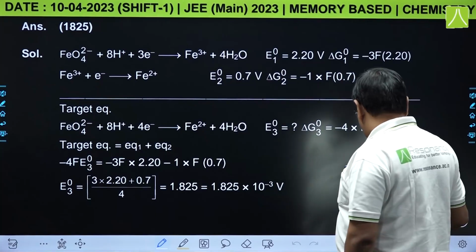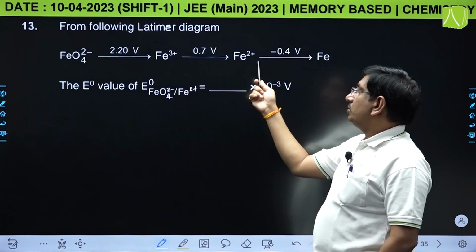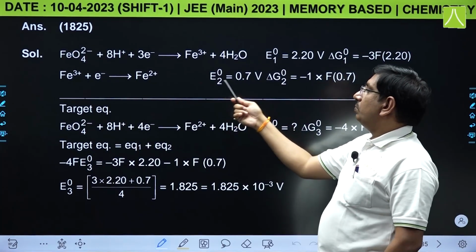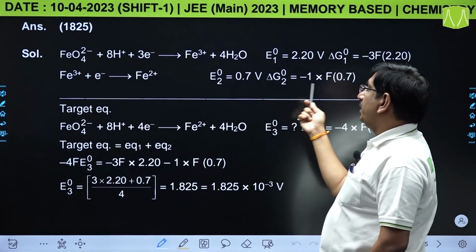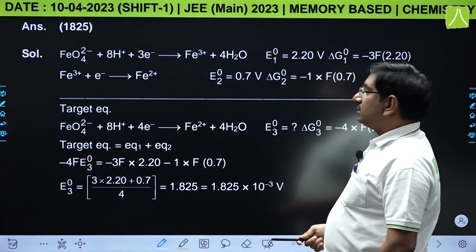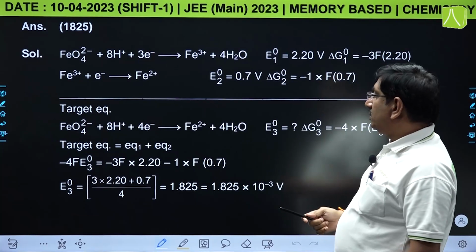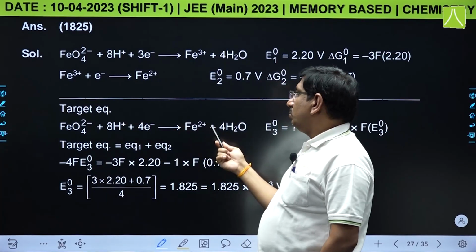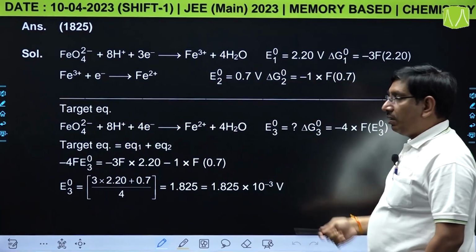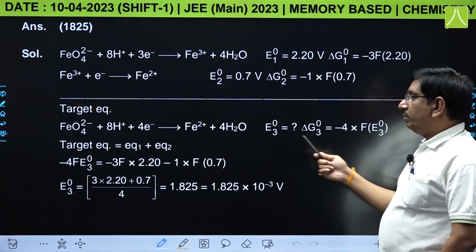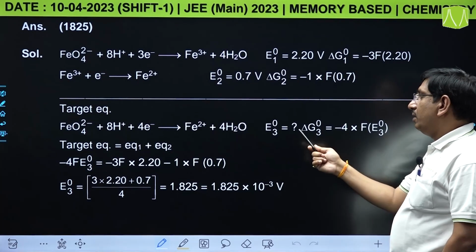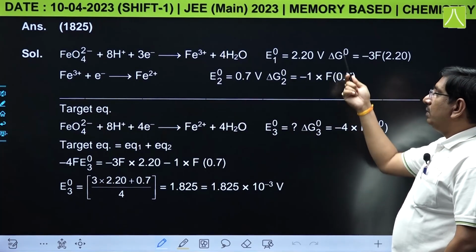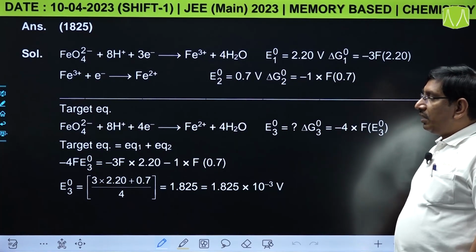And for the second equation, Fe3 plus to Fe2 plus, E2 naught is 0.7, delta G2 naught is minus F into 0.7. Our required equation is FeO4 2 minus to Fe2 plus, and we have to calculate E3 naught, using the relation delta G3 naught equal to delta G1 naught plus delta G2 naught.